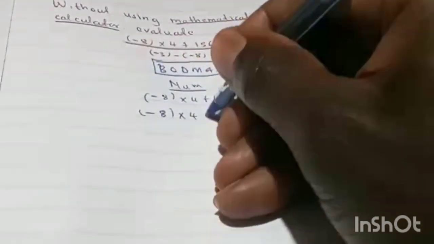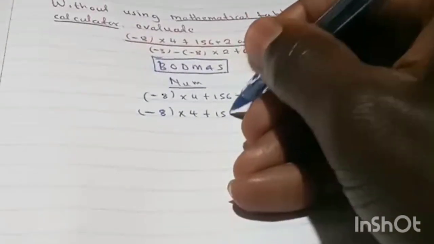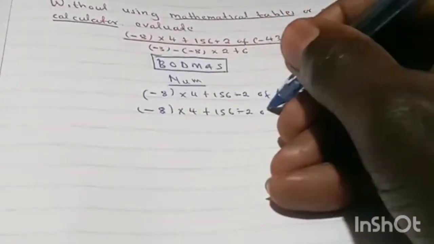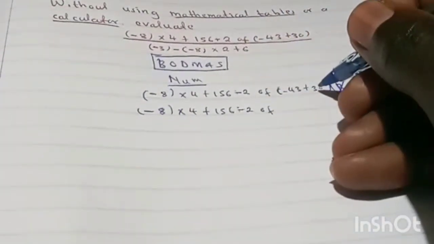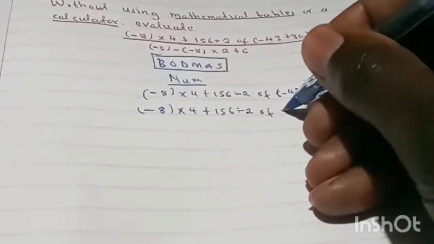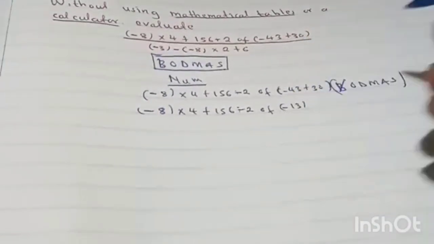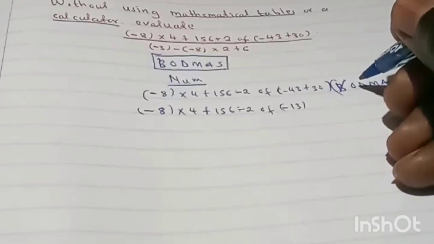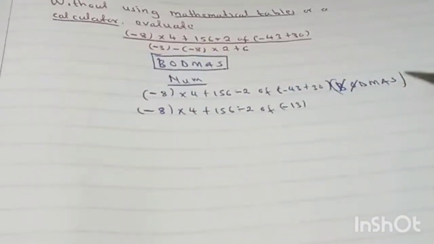This part will remain the same: -8 times 4 plus 156 divided by 2 of (-43 plus 30), and the bracket gives -13. We have solved the bracket. Do we have of? Yes, we have of in the numerator.